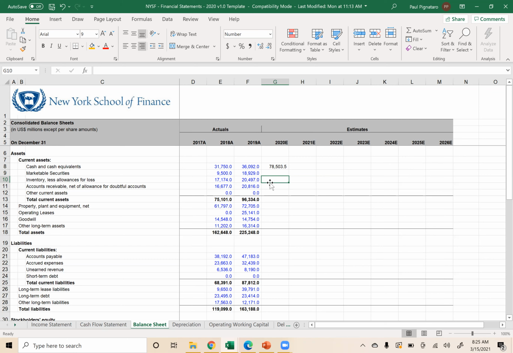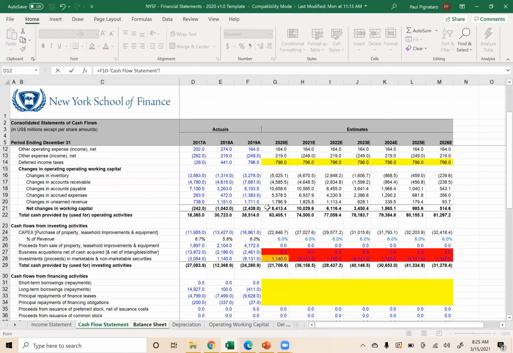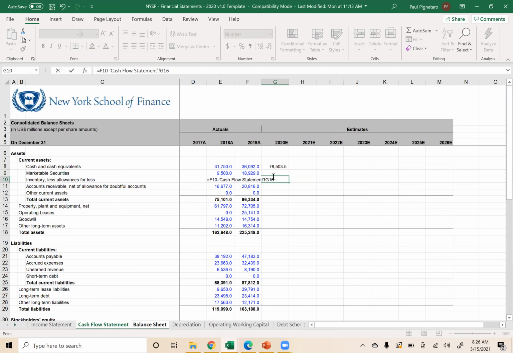So my 20 billion is going to go up by 5 billion, not down. So for the 2020 balance sheet, I take inventory minus that minus 5 billion, because a double negative turns into a positive. My balance is going to go up.